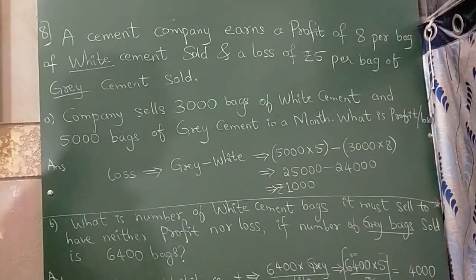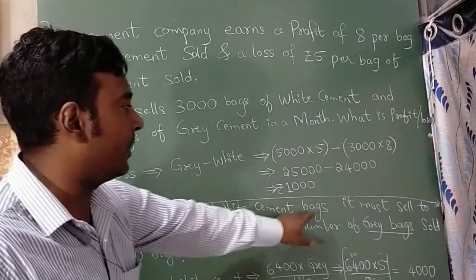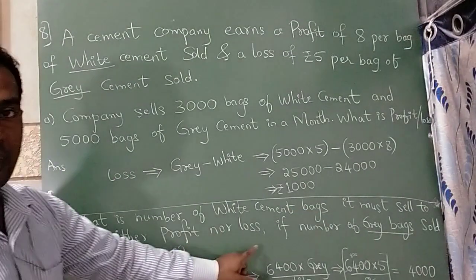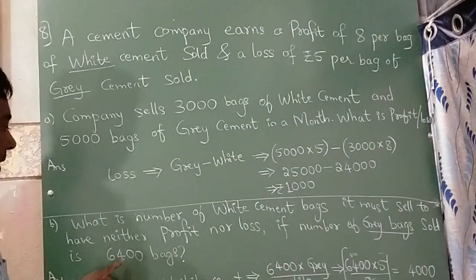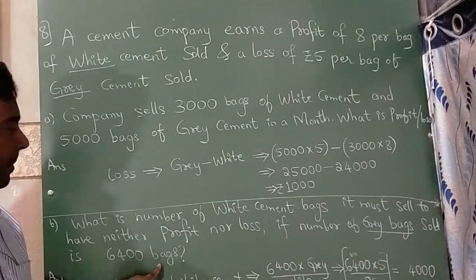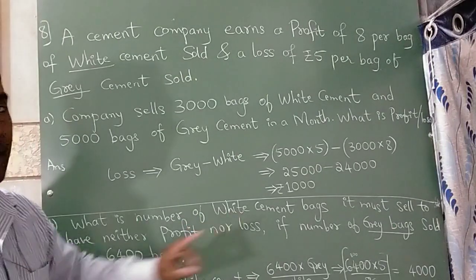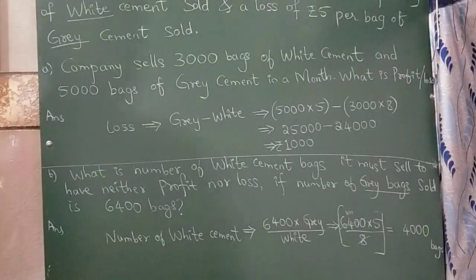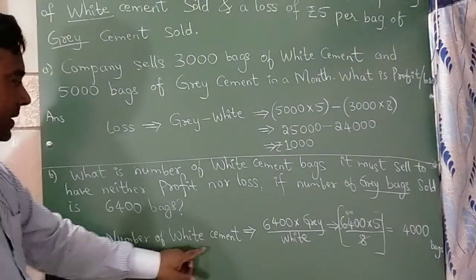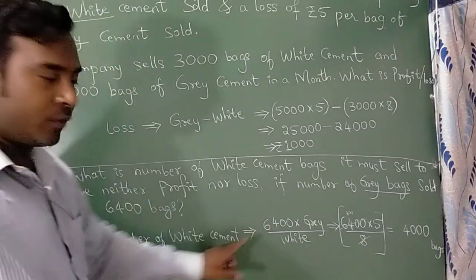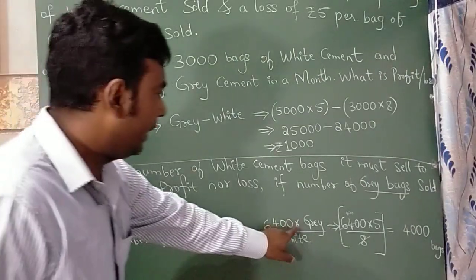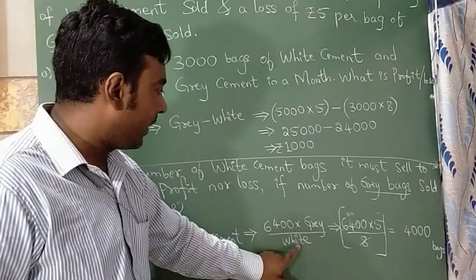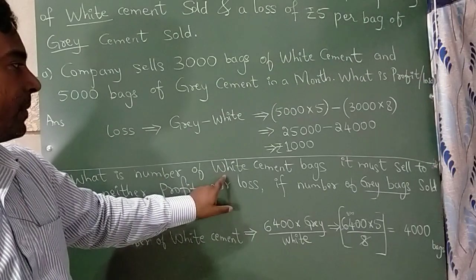So second question, what is the number of white cement bags to be sold to have neither profit nor loss if the number of grey bags sold is 6400 bags? So they are asking what is the number of white bags. Fine. Number of white cement is 6400 bags into grey, because the number of grey bags they have told, so into grey divided by white, because we want white cement bags.